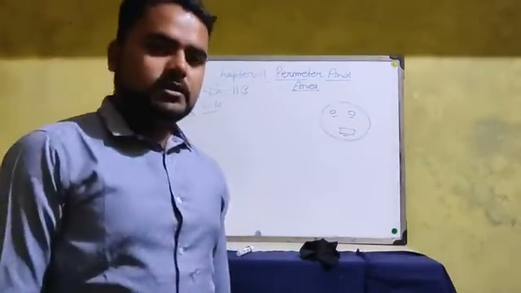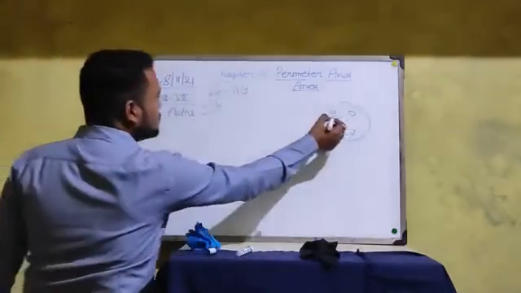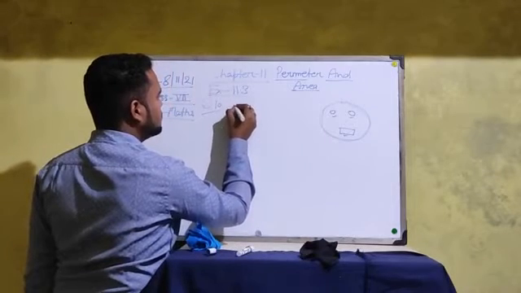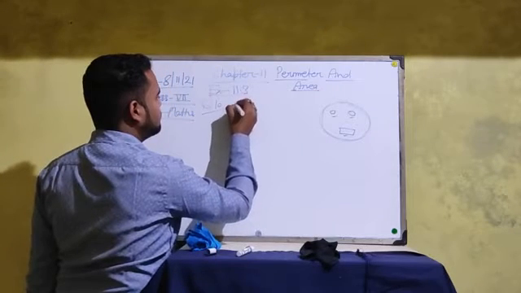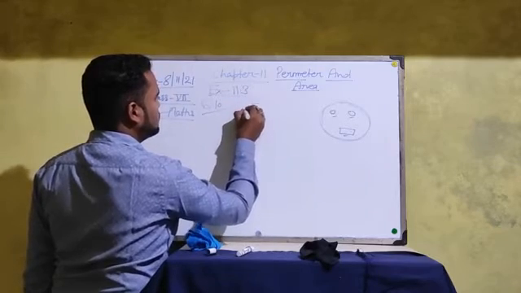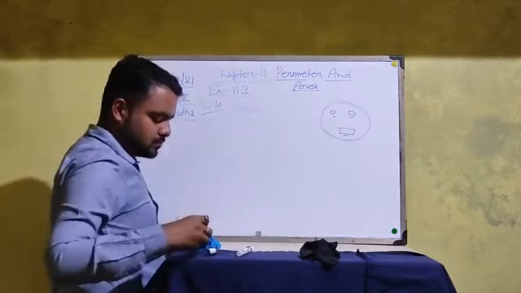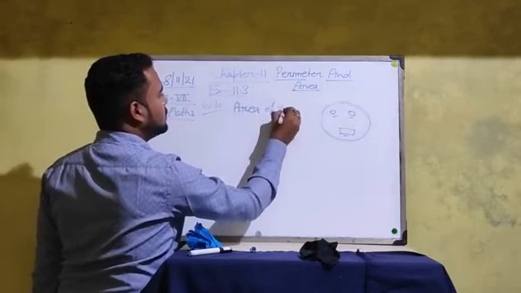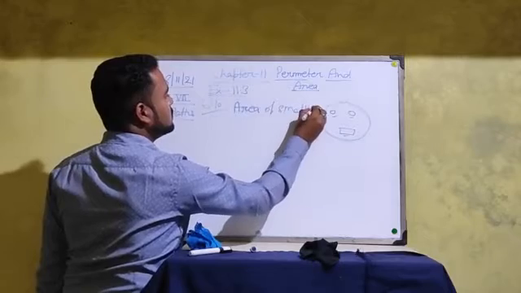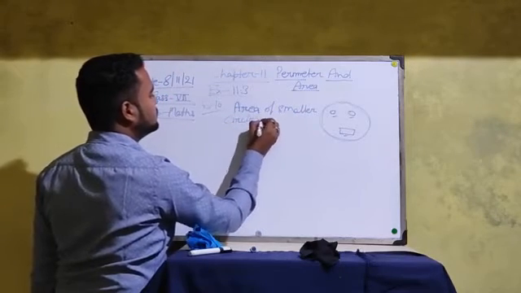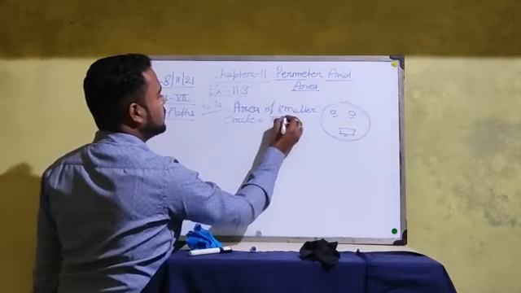Now we find the area of these two small circles. Area of smaller circle, which is also pi r square.